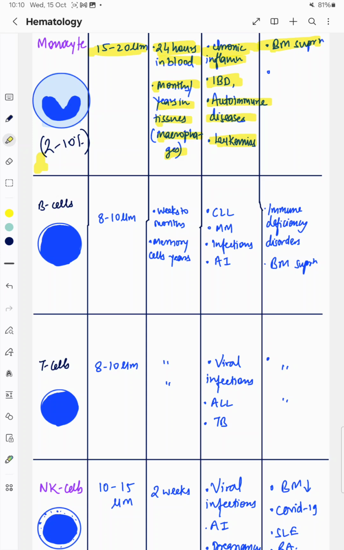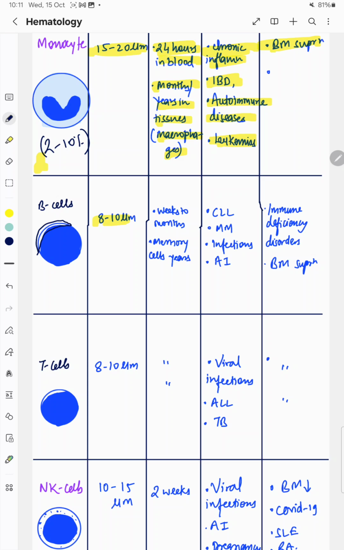Now we will discuss the various lymphocytes. First is B lymphocyte. The size is 8 to 10 micron. As we can see, the cell is covered by the nucleus, and there is only a crescentic cytoplasm present.